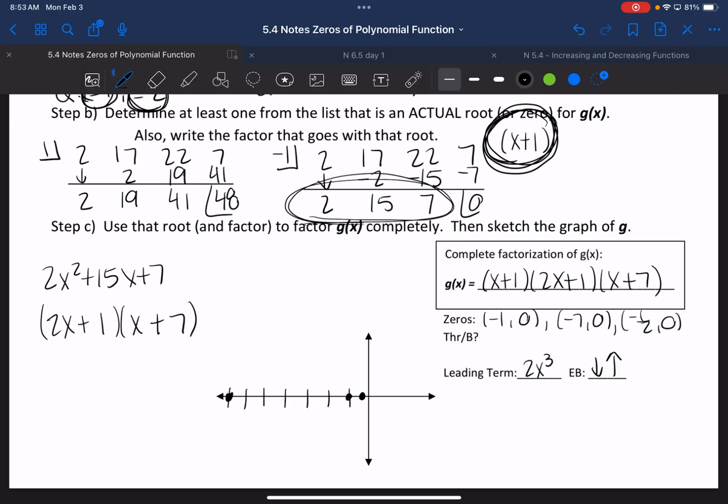Okay, and then they also ask, at these zeros, are we just going to be going through the line? Are we going to bounce on the line? Do we have any wiggle? Just through on all of them. Okay, all right, so then we should be able to draw a sketch. And it's going to look something like this, right?